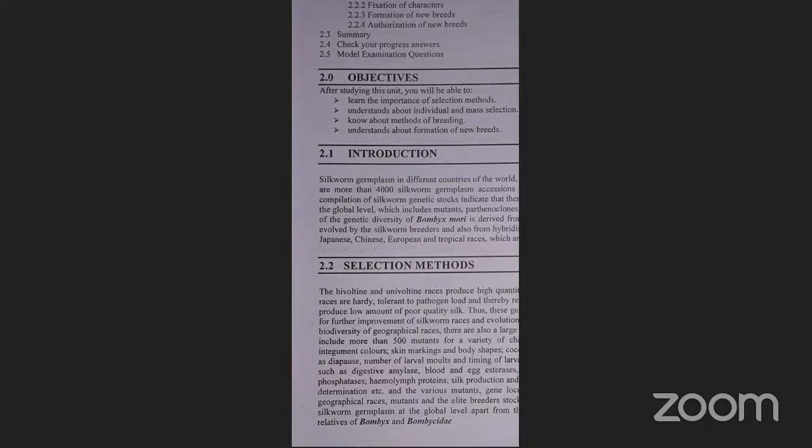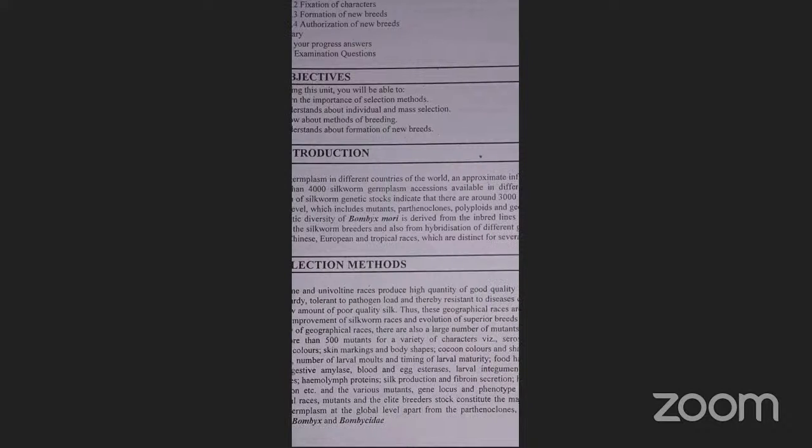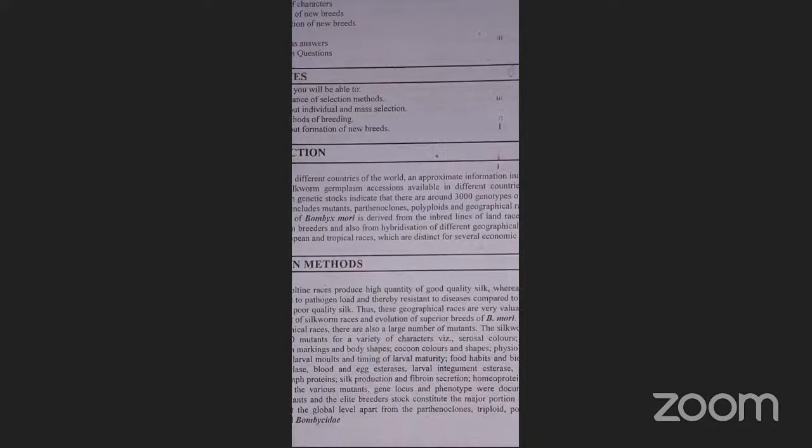These include mutants, parthenogens, polyploids, and geographical races. The genotypes are directly and indirectly affected by geographical conditions like temperature, humidity, and air and gas transportation.